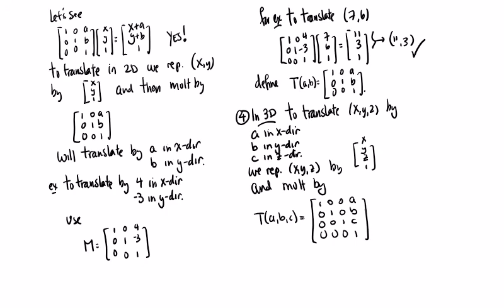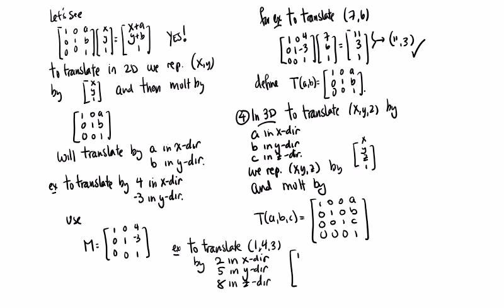So, for example, to translate 1, 4, 3 by, say, 2 in the x direction, 5 in the y direction, and 8 in the z direction, we just construct the matrix 1, 0, 0, 2, 0, 1, 0, 5, 0, 0, 1, 8, 0, 0, 0, 1.